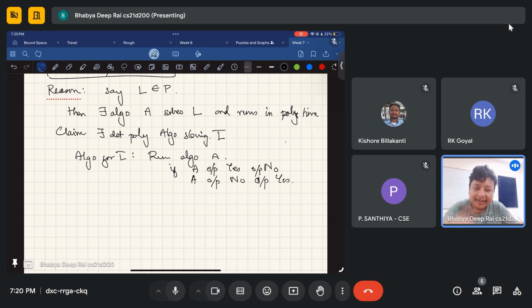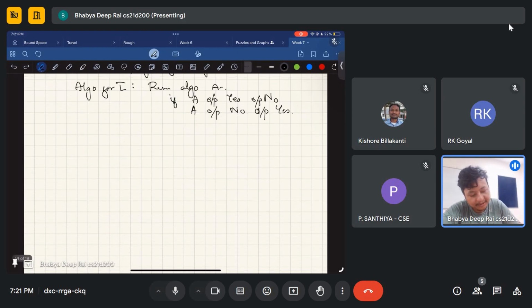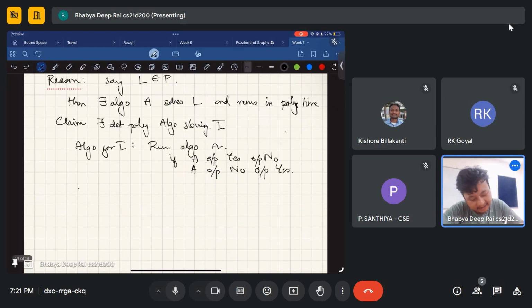Since A computes L, whenever the input belongs to the language L, the original algorithm A will say yes, but we'll say no finally. And if it said no, then we'll say yes finally. So the final language computed is L bar, the complement. Therefore L bar is in P.